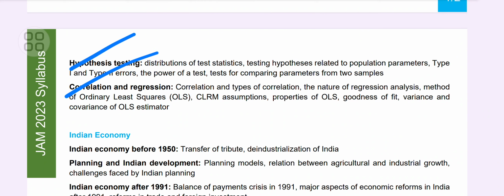So in hypothesis testing, the type 1, type 2 error, the power of a test, the test for comparing parameters from two samples, the distributions of a test statistic, testing hypothesis, correlation and regression obviously.